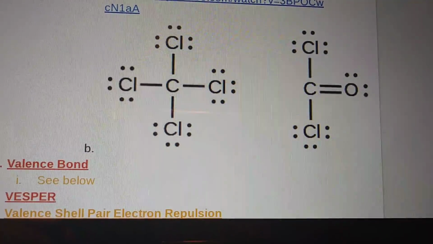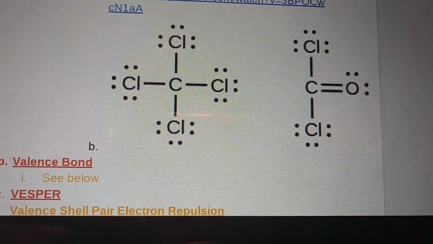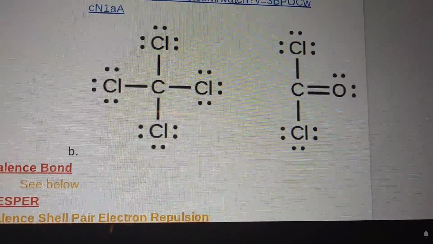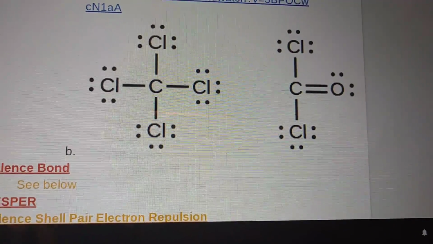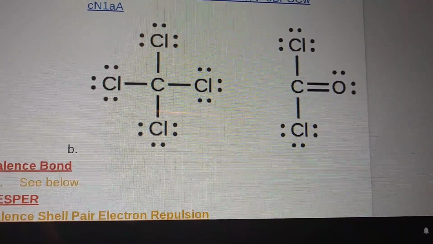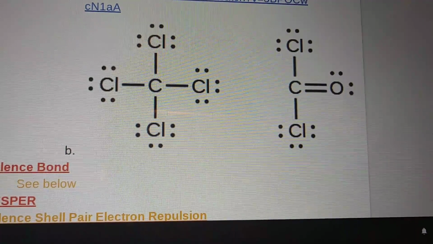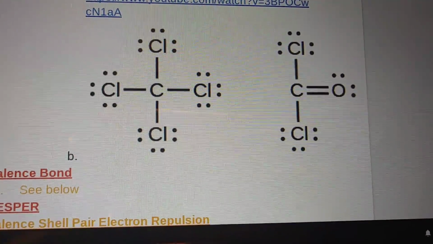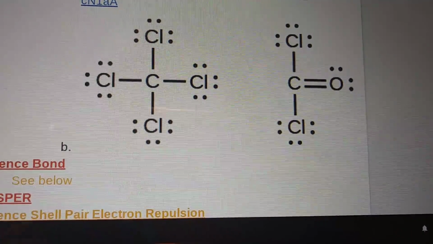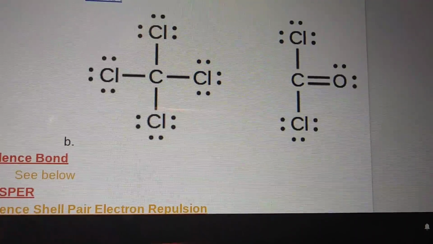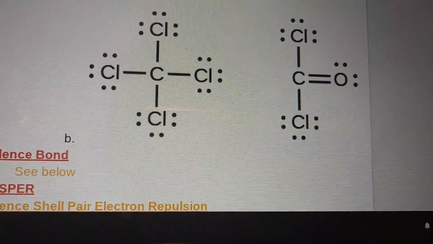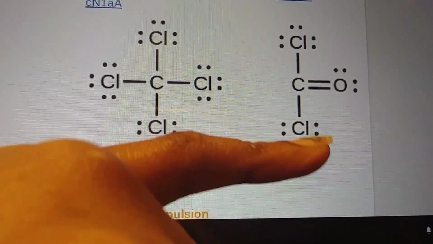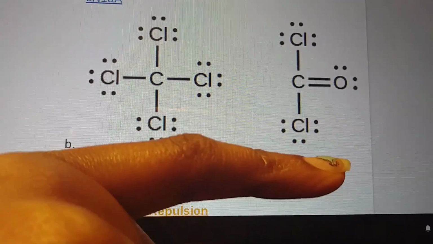COCl2, as you can see, there's a double bond, and so carbon goes in the middle because it's the least electronegative atom. And as we did on this side, Cl gets connected, and we all know chlorine only needs 8 valence electrons, so it's satisfied: 1, 2, 3, 4, 5, 6, 7, 8.